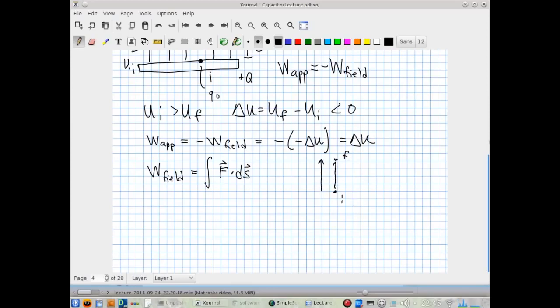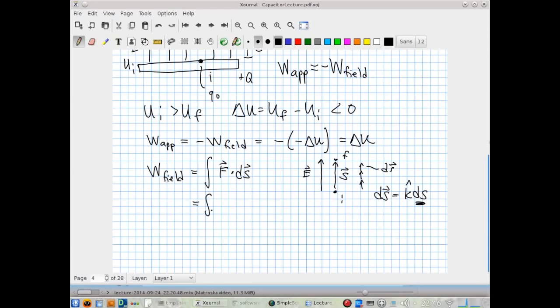And if we imagine taking the simplest possible path, S vector, this could be made of a whole bunch of little ds vectors. Well, you can right away see that if E points in the k hat direction, ds vector can be simply written as k hat ds, where ds is just the magnitude of the step that you take in the k hat direction each time.